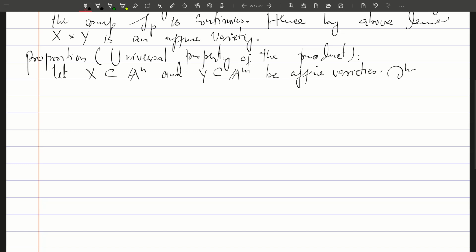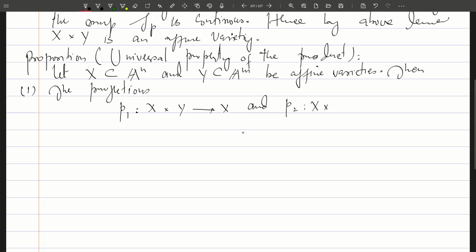Then the first item is the projections p1 from X times Y to X, and p2 from X times Y to Y. So they are morphisms.